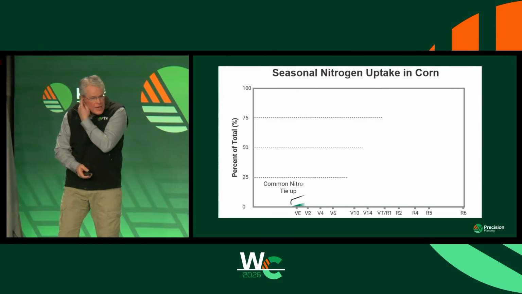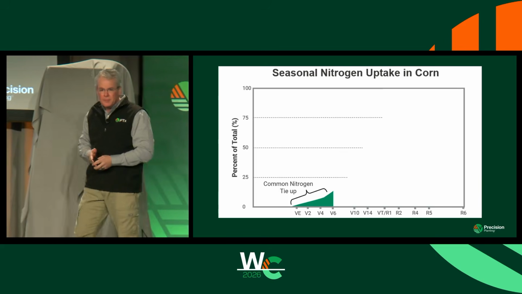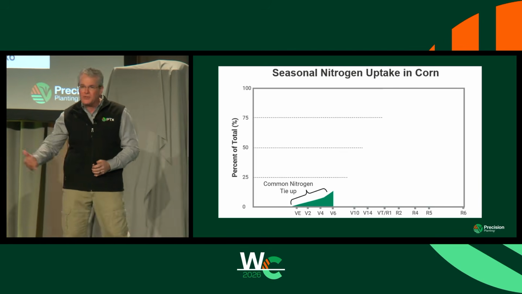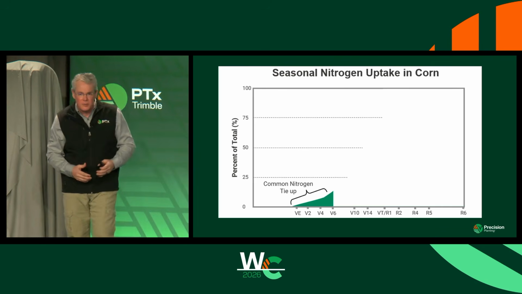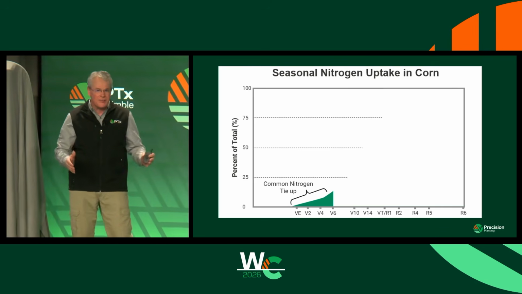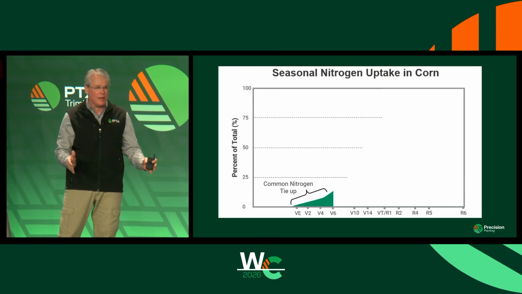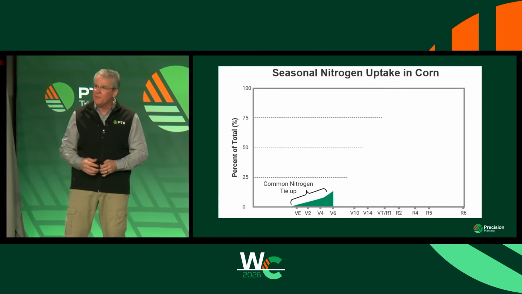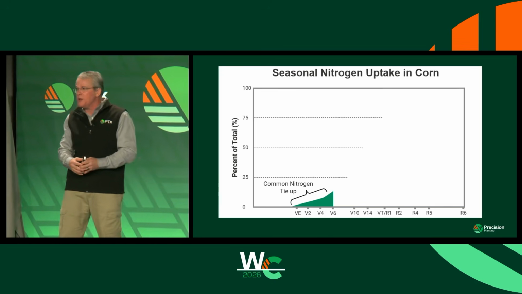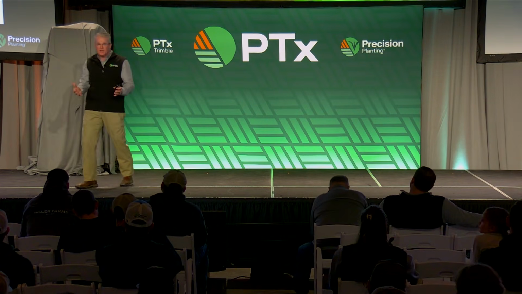So as we look at the corn plant as it grows and its needs on nitrogen uptake, early on, from germination to V6, there's not a lot of nitrogen that corn plant needs. But that is a very common time that nitrogen is highly fixated or highly immobilized by the microbes, because you have residue out there in the soil that's more complex.